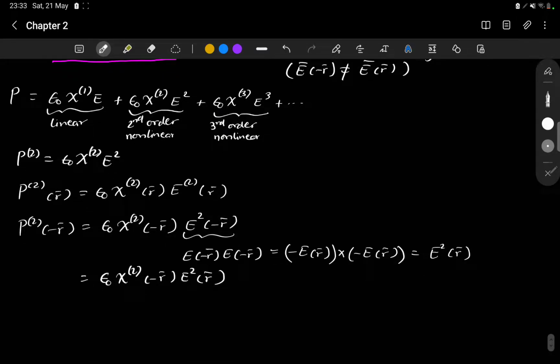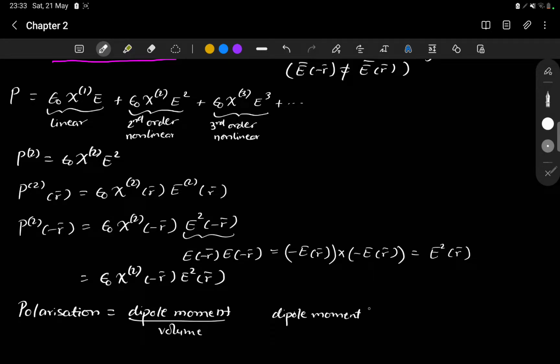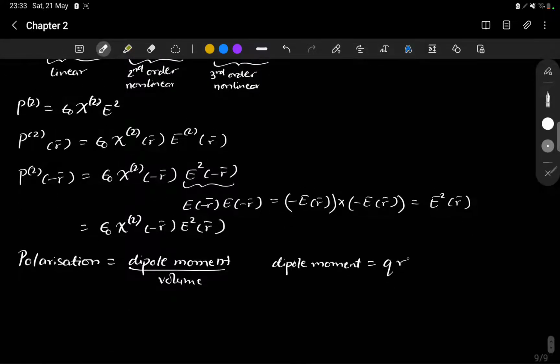Now we have polarization defined as follows also. The basic definition of polarization is dipole moment over volume. Now dipole moment is charge times the distance between the two point charges.